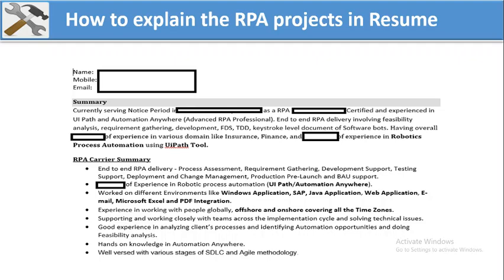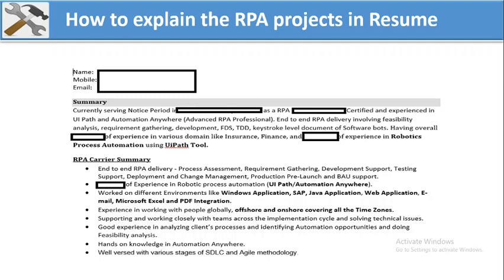So this is one of the best formats in the current market, although there are other formats or other ways of portraying yourself in the resume, but this is one of the formats that I have liked very much. This is my small effort to explain how you can present yourself in the resume, so that the interviewer, after going through your resume, feels like taking you into that organization.